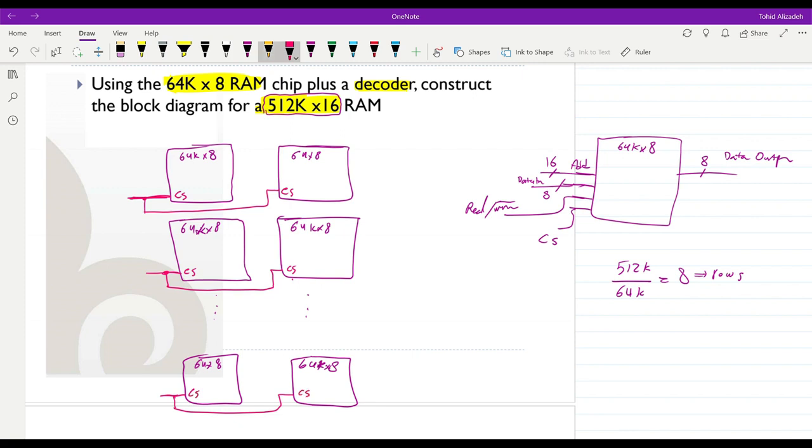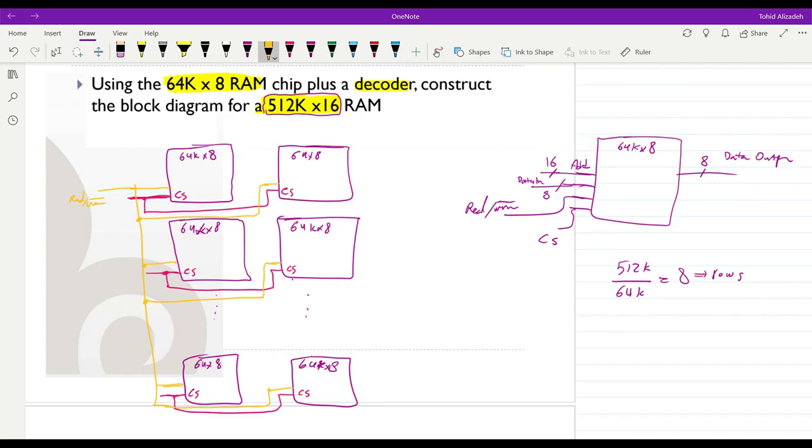In terms of the read-write, the read-write inputs should all be connected to each other. So I just show it in this way. All the read-write inputs are connected to each other.